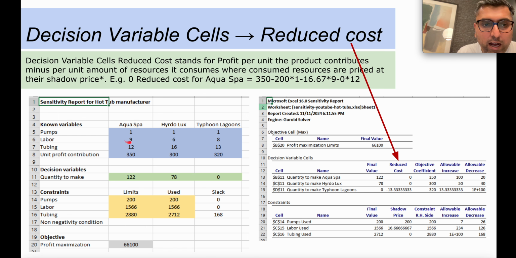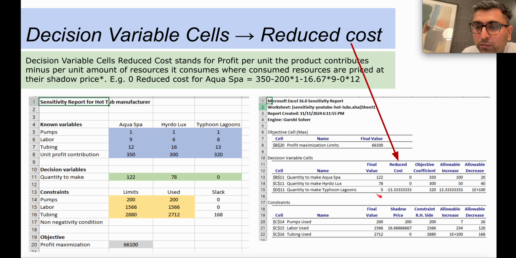We are using 9 units of labor, so 9 times 16.67, minus 0 times 12. So we are using these 3 constraints. Each of these constraints has a cost associated with it, or what it will contribute in terms of additional profit. So you're saying, what is my profit minus what is needed to build that profit. If you do this math, you will get 0. So that's why it's a reduced cost of 0.